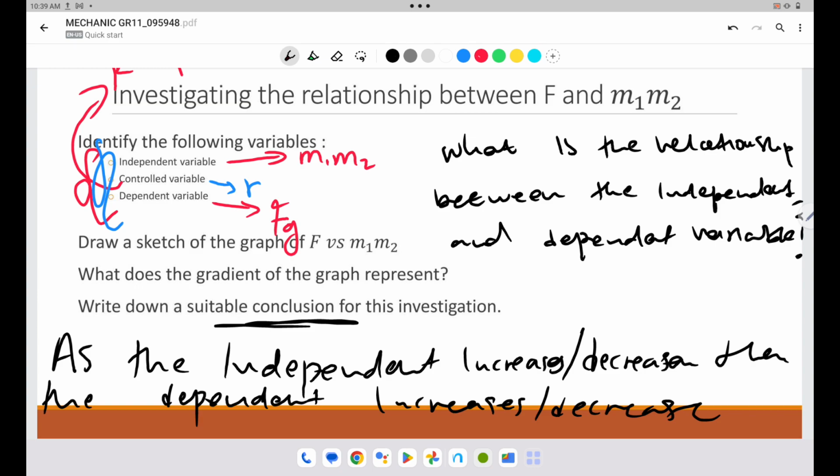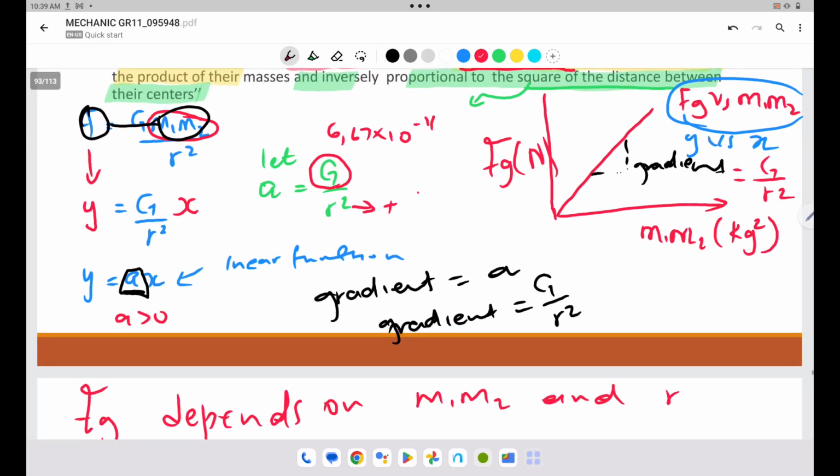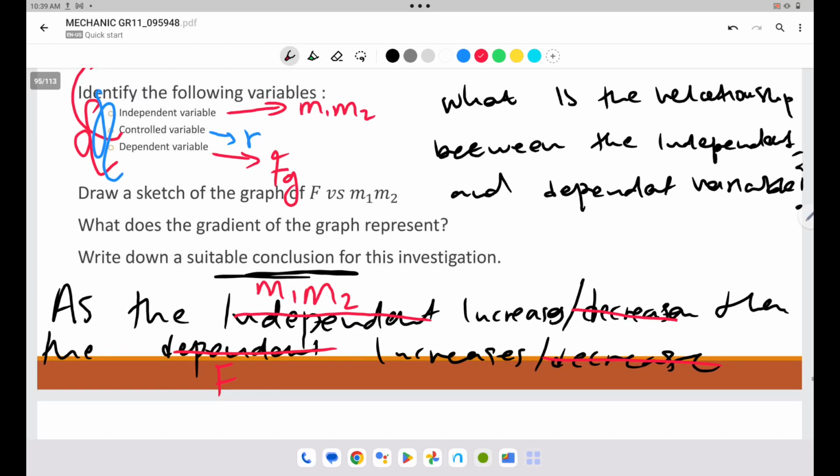So in our case, we could say, as the independent, the product of M1 and M2 increases, then the dependent, which is F, increases. Or if you can see how the graph looks from the obtained data, then you can immediately say F is directly proportional to the product of M1 and M2.